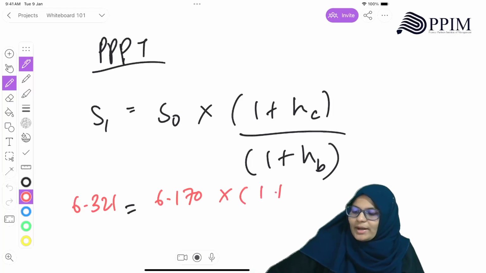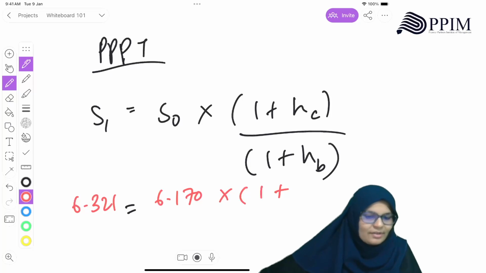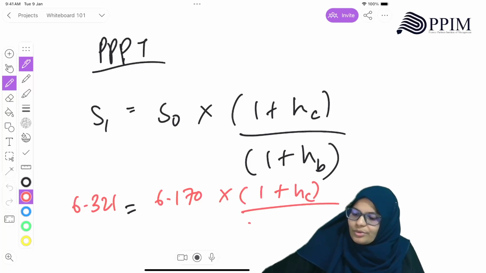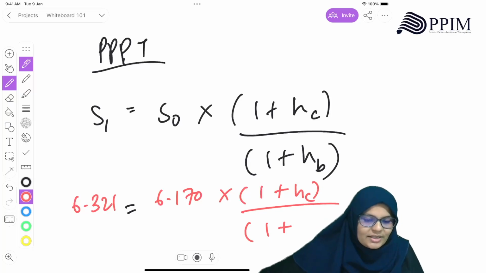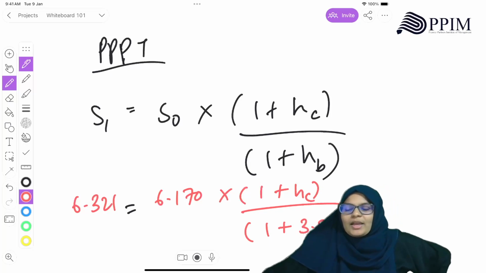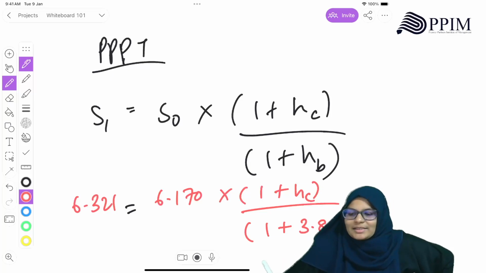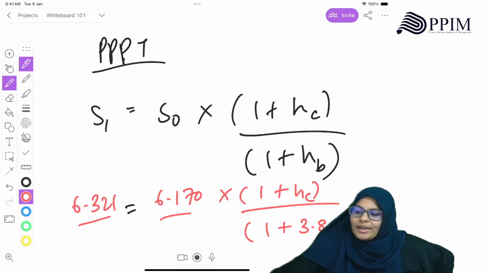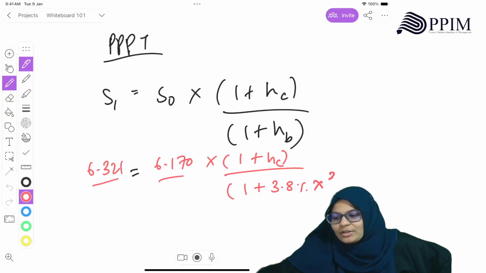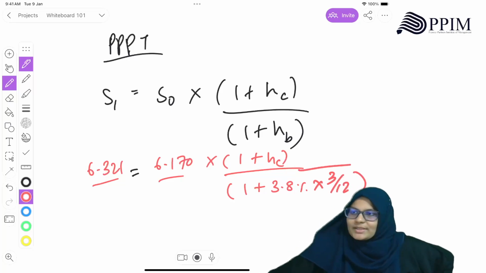Then 1 plus counter currency inflation is what we need to find, so I'll just put it as HC, over 1 plus the inflation in the base currency, which was 3.8%. But be careful here, because this spot rate and this future rate are 3-month rates. So inflation also you have to put as a 3-month figure, so times 3 over 12. That's a mistake students make in this question.